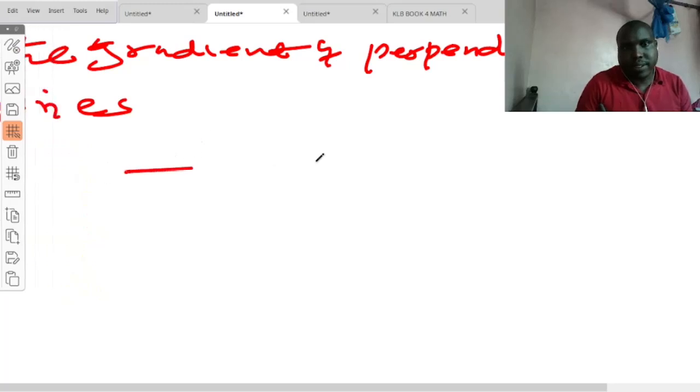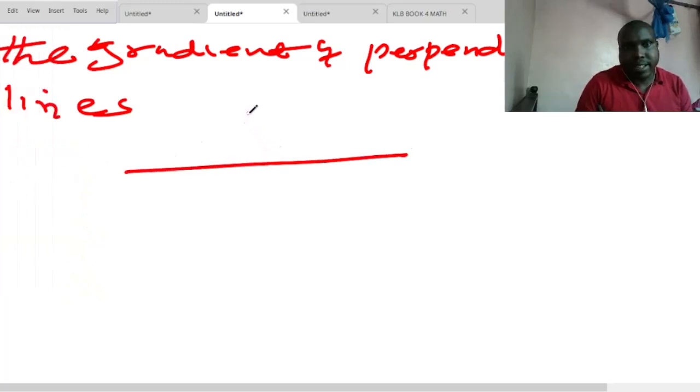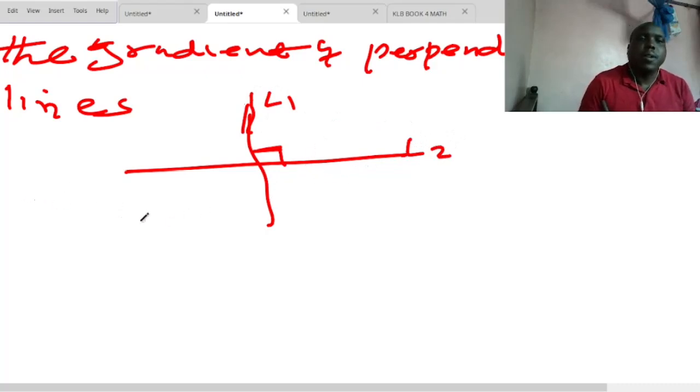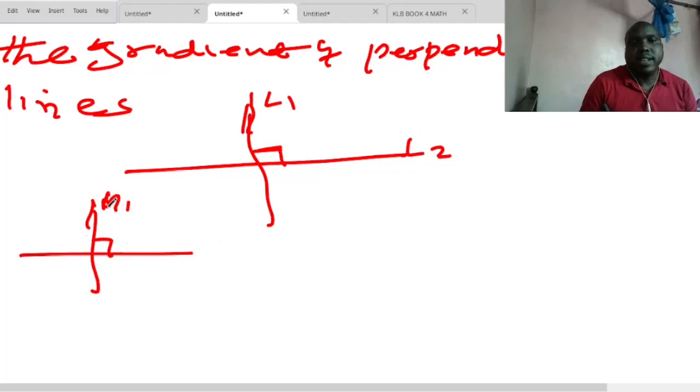When we have a straight line and another line, this line and this one are perpendicular. If I call this one line 1 and this is line 2, they are perpendicular.